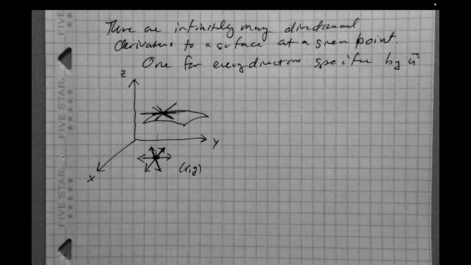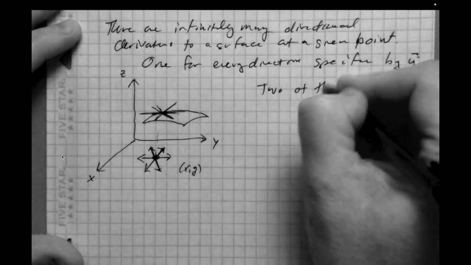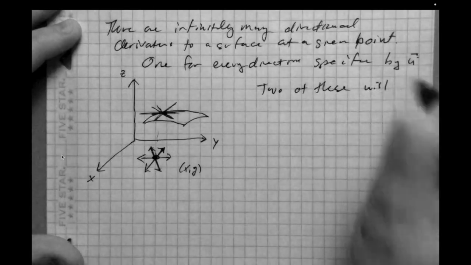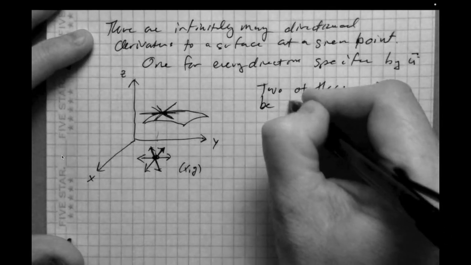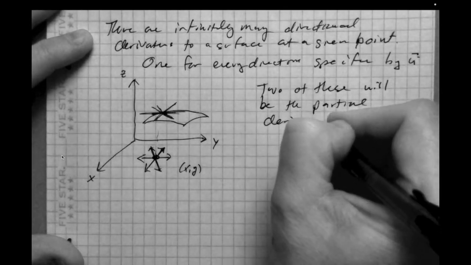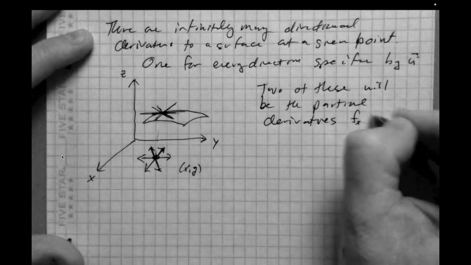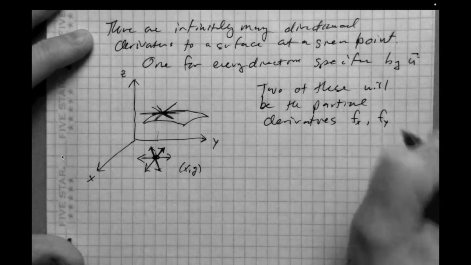Okay. So that being the case, two of these directional derivatives are of interest. Two of these are basically going to boil down to just the partial derivatives, the ones we're very familiar with, f sub x and f sub y.